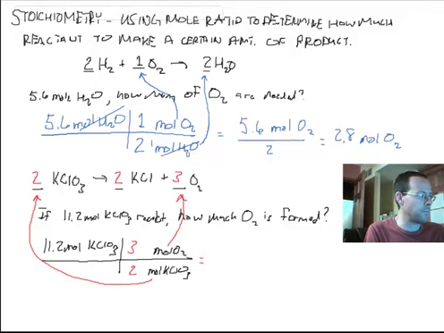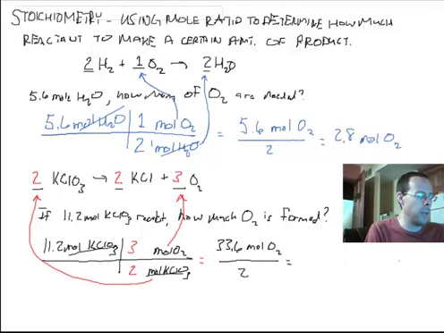Then we're going to do our math. As we multiply across the top, notice we have moles of KClO3 as numerator and denominator, so it's going to go bye-bye. And 11.2 times 3 is going to be 33.6 moles of oxygen. And when we multiply across the bottom, we have 1 times 2, so we just have 2.